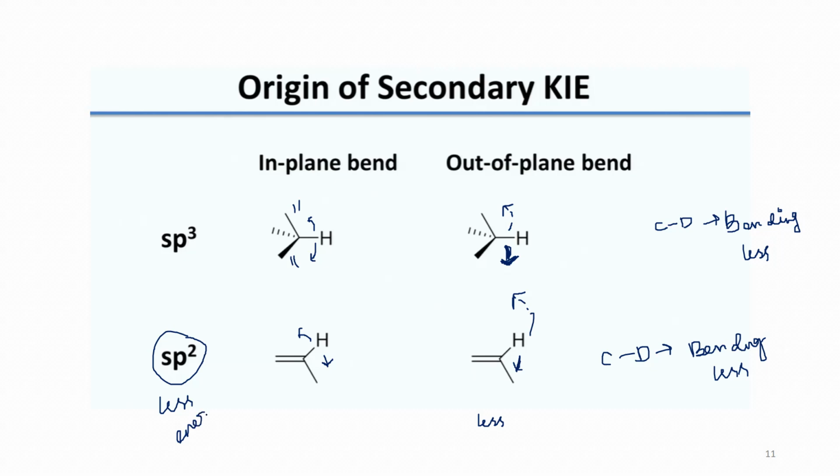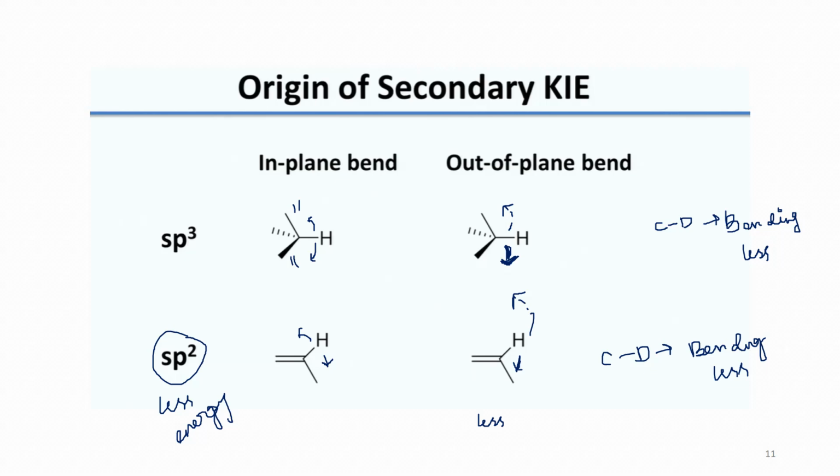Whenever there is an sp3 compound, the energy will always be higher than that of sp2, because the bending mode is greater, the bonds are highly excited and can bend highly. But in case of sp2, the out of plane bending modes are not there, so the bending will be less, so the energy will be less.